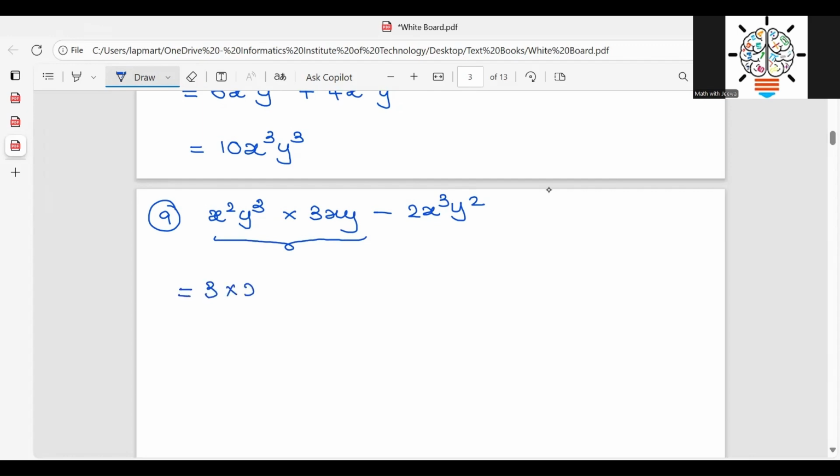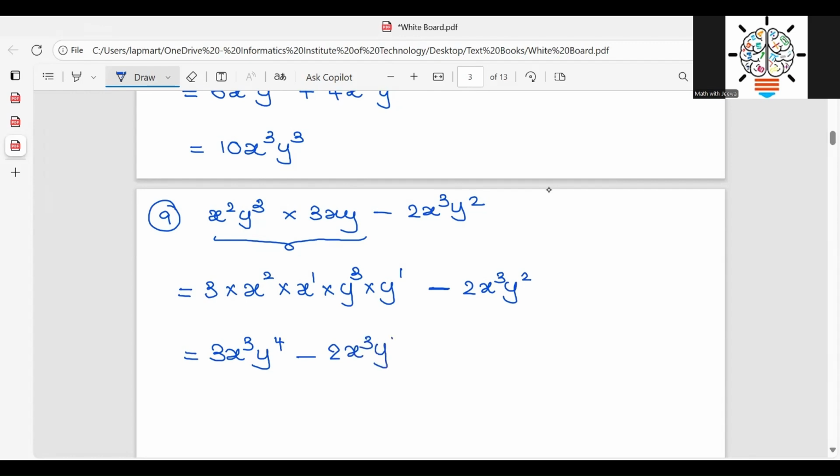So then 3 times x squared times x to the power 1, y to the power 3 times y to the power 1. Okay, subtract 2x cubed y squared. So then the answer here is 3x cubed y to the power 4. Subtract 2x cubed y to the power 2.